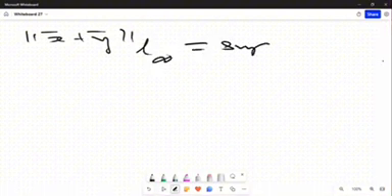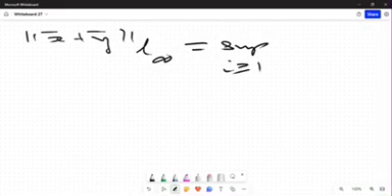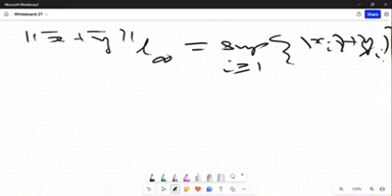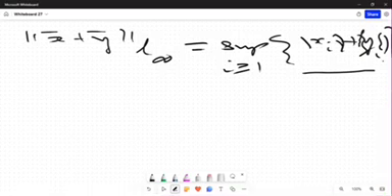This is simply equal to the supremum over all the i's greater than or equal to 1 of the modulus of xi plus yi. Okay? I'm sure that's clear to you. That is, the absolute value of xi plus the absolute value of yi.